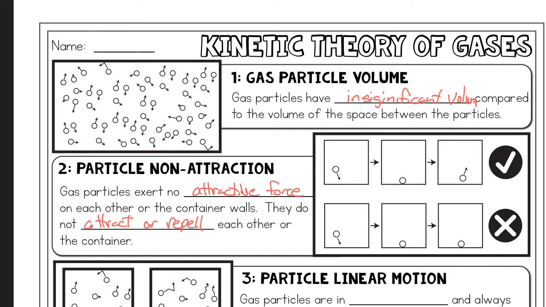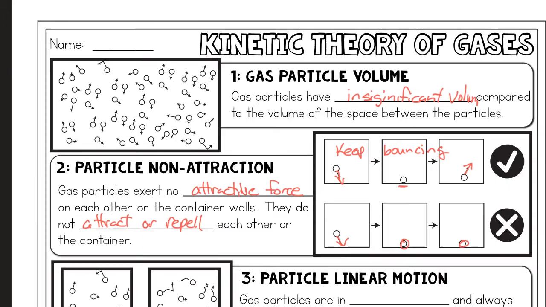So when we're thinking about what is correct and what is not correct, when a gas particle is flying around inside the container and it strikes the wall of the container, it's going to bounce off and continue on till it strikes something else. Gas particles do not hit the walls of the container and then just stick. So they just keep bouncing off of each other and any other thing that's in the container.